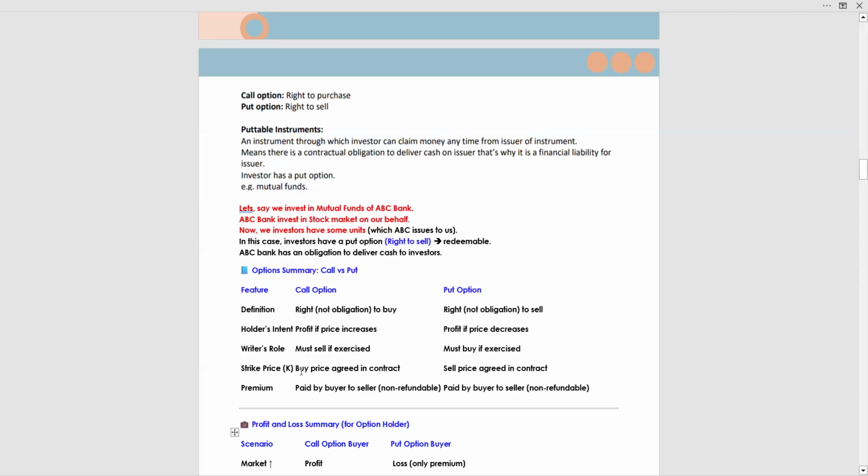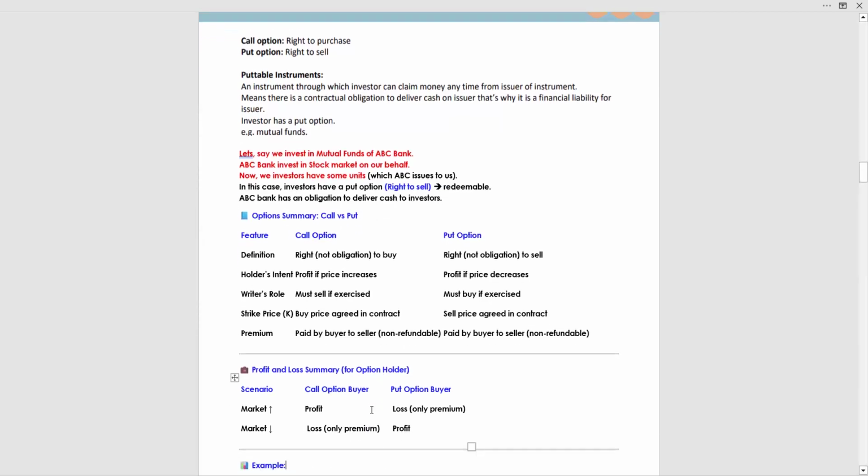Strike price: buy price agreed in contract; sale price agreed in contract. Premium: paid by buyer to seller, which is non-refundable. And for the put option, it is paid by buyer to seller, non-refundable. So premium is the same. Okay.